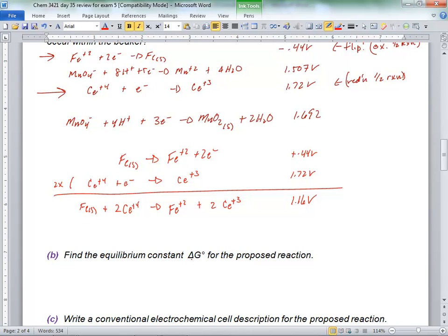Find the equilibrium constant for the proposed reaction. It's asking for the equilibrium constant. Yes, you have to add them up. No wonder that's so messed up on that grading.